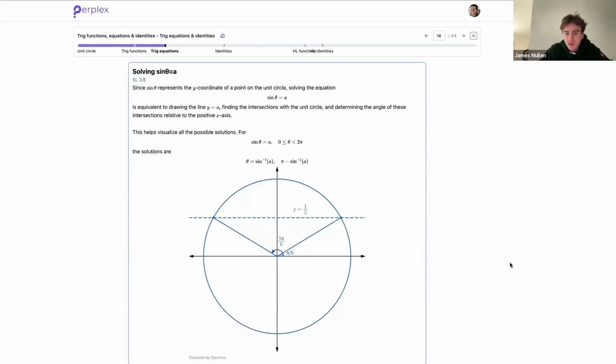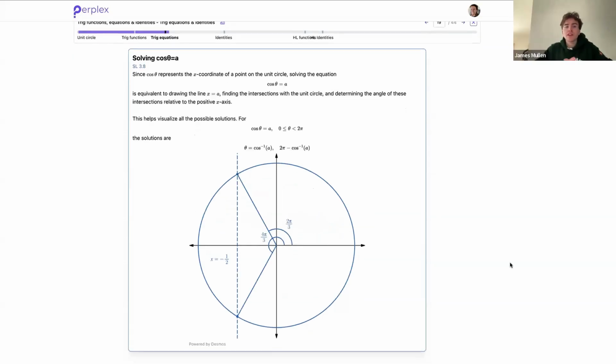Similar story for solving the equation cos of theta is equal to a. Cos of theta represents the x-coordinate, so I draw a vertical line at x is equal to the value of a, and I find the intersections. Again, usually I'm going to have two, unless I have some special values. And this helps me visualize the possible solutions. So if I have cos theta is equal to a, I have cos negative 1 of a and 2 pi minus cos negative 1 of a.